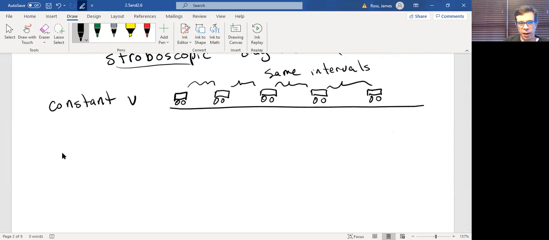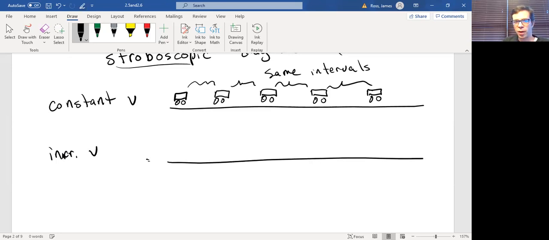So if we look next at an increasing v, and we again look at that strobe light, initially it's here. Next time it blinks, it's here, and then here, and then here, and then here.